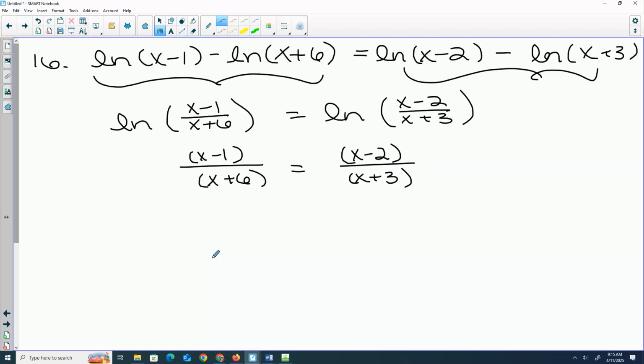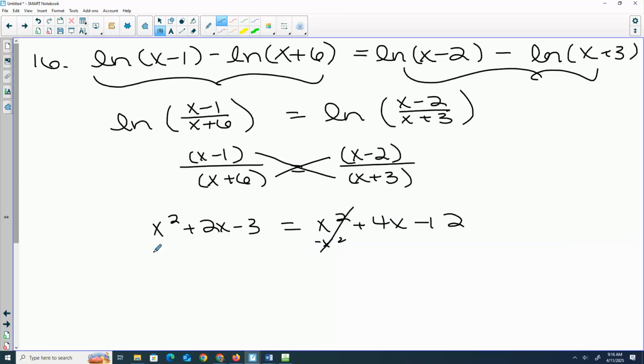What do we have to do at this point? Remember when you cross multiply, there's an equal sign in between. Several people yesterday were cross multiplying and writing them as a fraction. When we do that, we FOIL those, we get x squared plus 2x minus 3. Then I multiply those two, so x squared plus 4x minus 12. If I subtract over my x squared, those cancel.